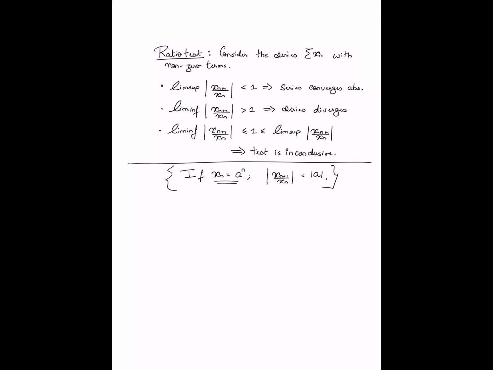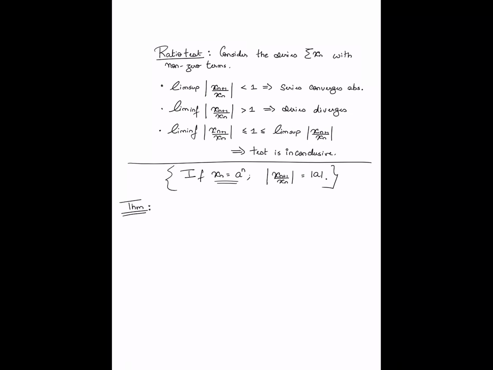The way we are going to prove the statement of the ratio test is via an intermediate result, which is useful in its own right. I'm going to state this as a separate theorem, and from this theorem, the statement of the ratio test will follow. Our strategy is going to be to piggyback on the proof that we have already done for the root test.